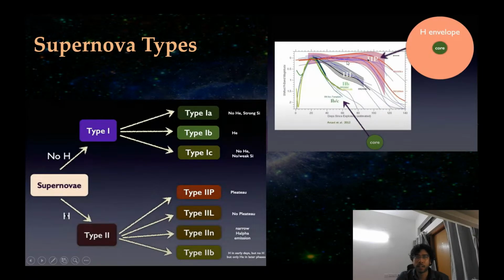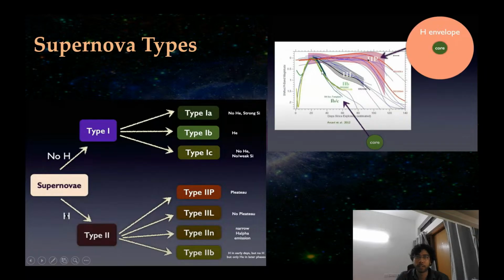After that, the energy basically decays, right? This is the optical luminosity of the star on the y-axis compared to the number of days on the x-axis.